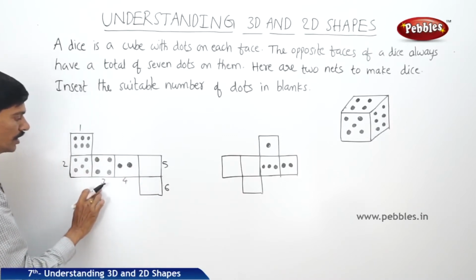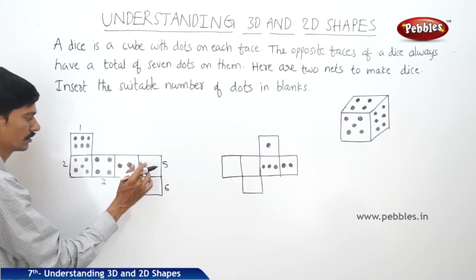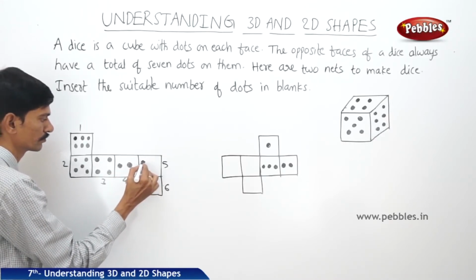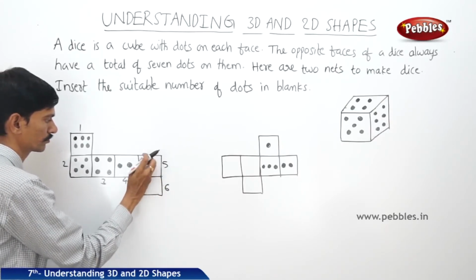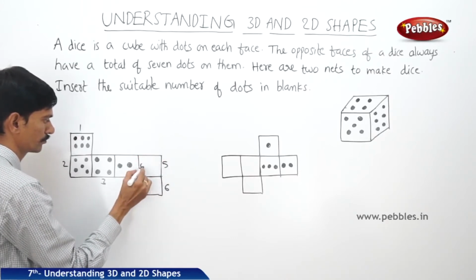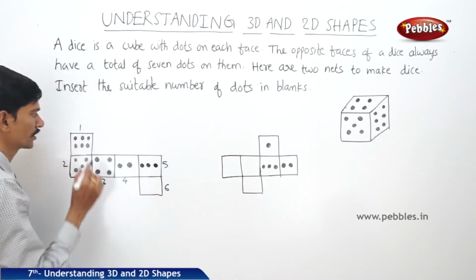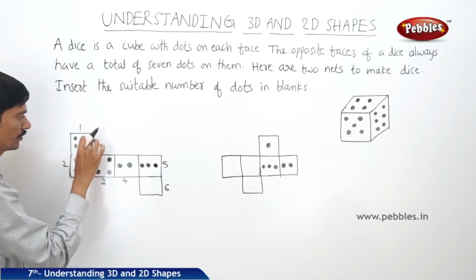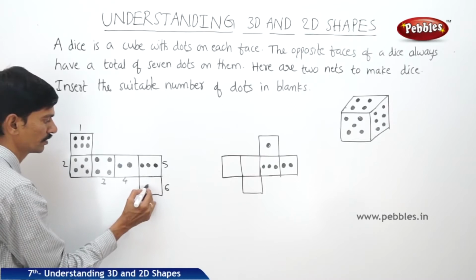Now the face 3 has 4 dots on it, then its opposite face 5 will have 3 dots. Next, face 1 and 6 are the opposite faces. So as the face 1 has 6 dots on it, then face 6 has only 1 dot.